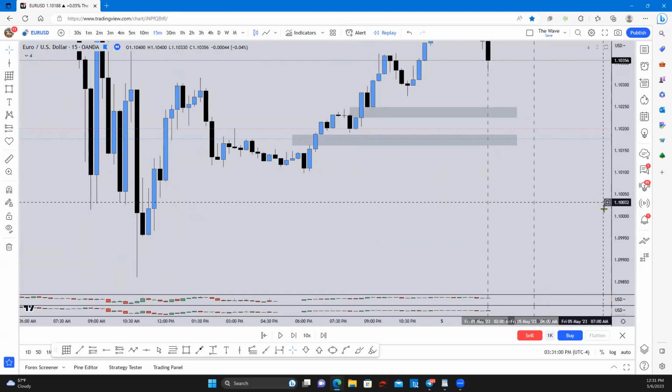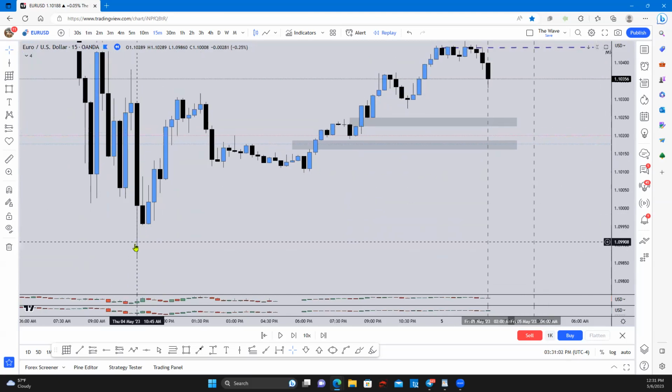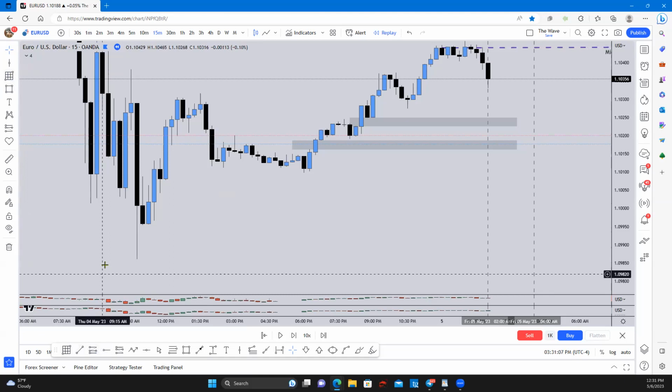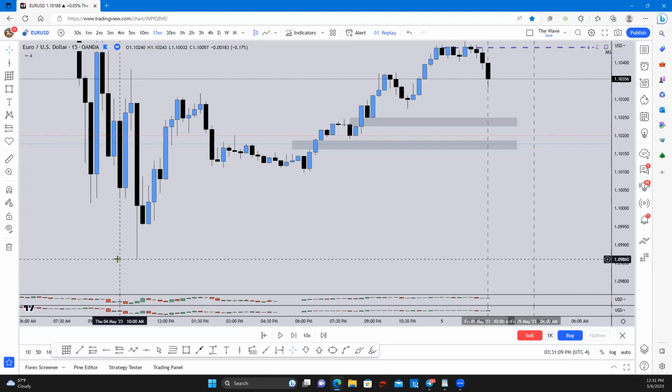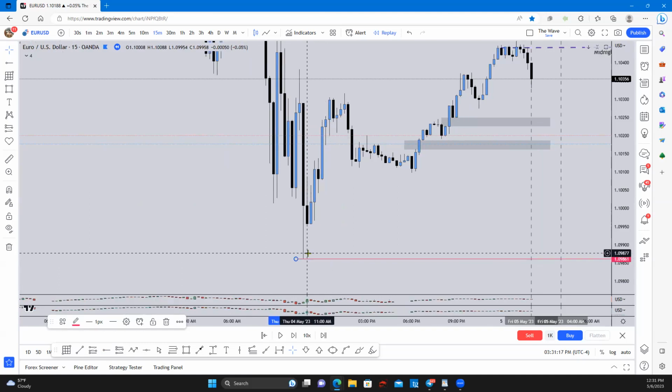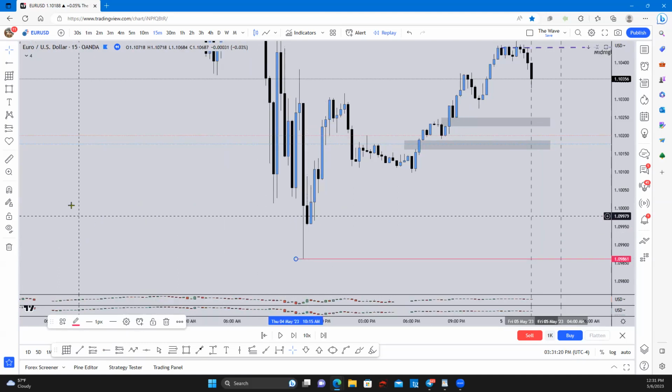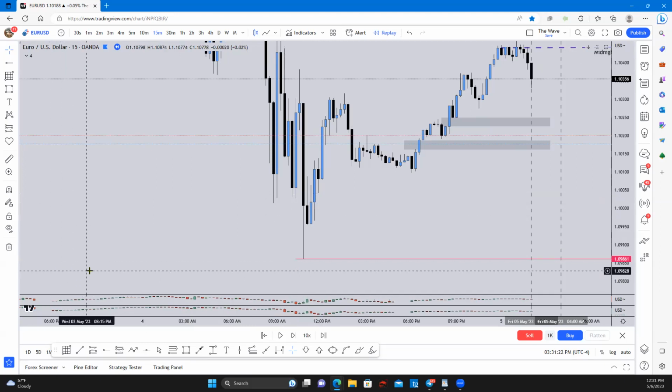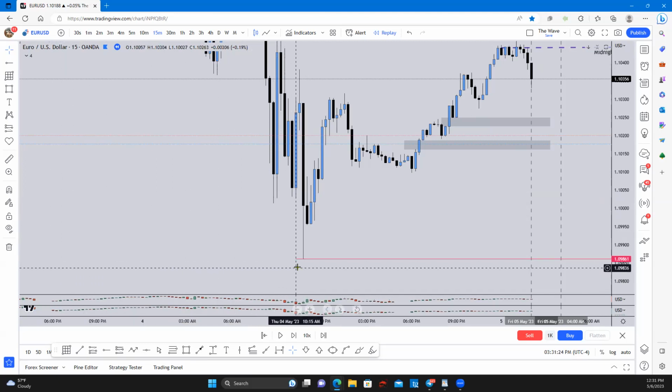And then we have Thursday's low of the day. So this would be your external liquidity, since it looks like the previous day's low. You'll notice it says Thursday, May 4th, so we know that's the previous day's swing low.